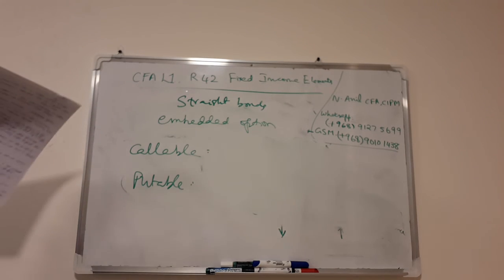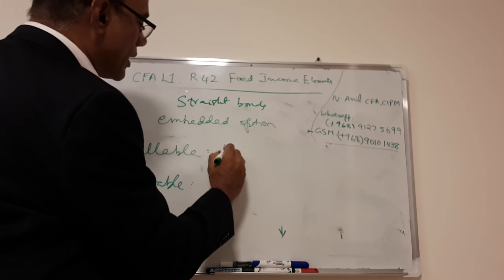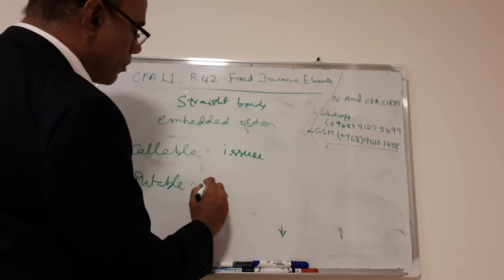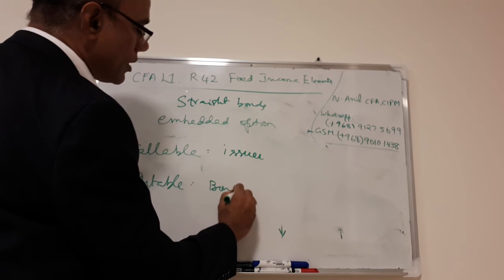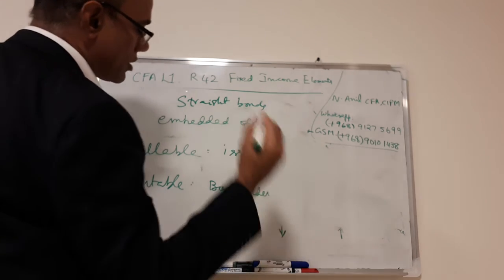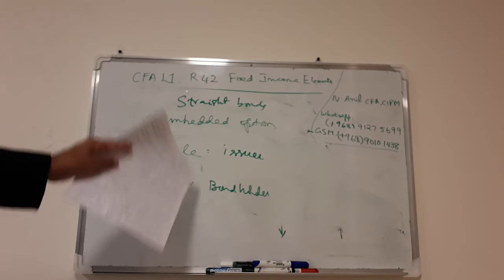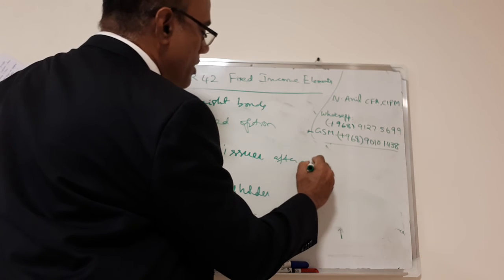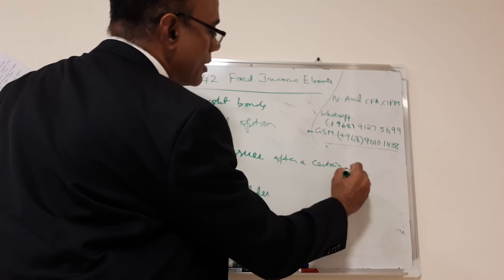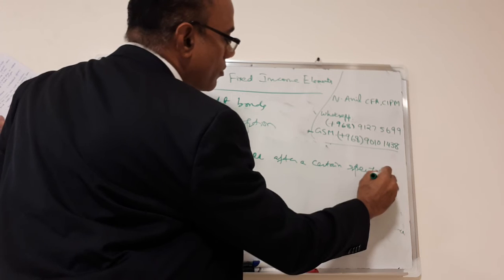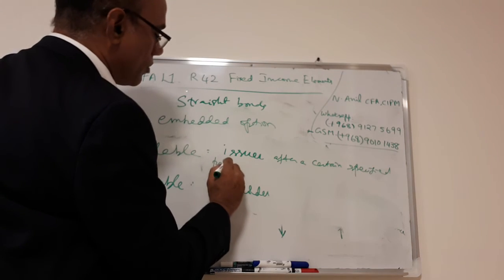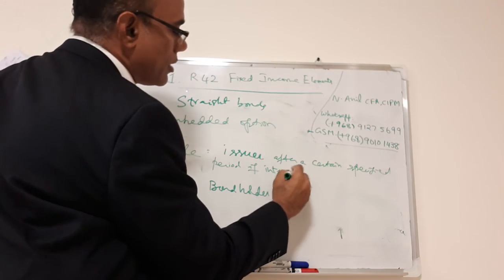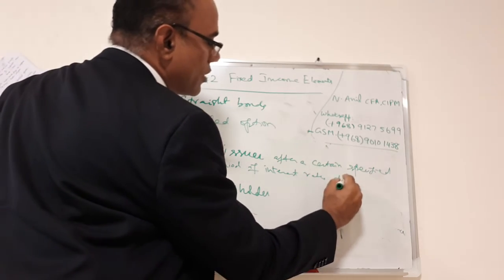Now, callable bonds, the issuer can recall the bonds. Puttable bonds, the bondholder can surrender the bonds. The issuer will recall the bonds after a certain specified period if interest rates drop significantly.